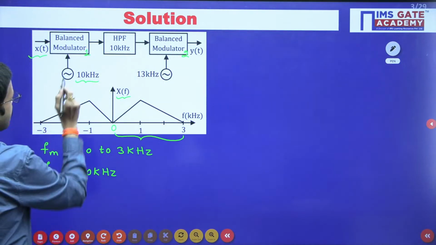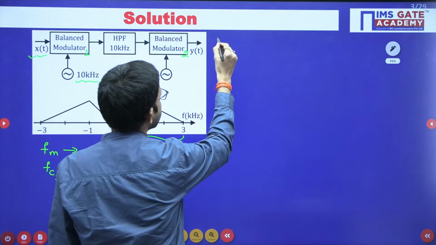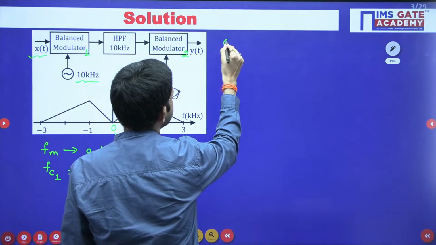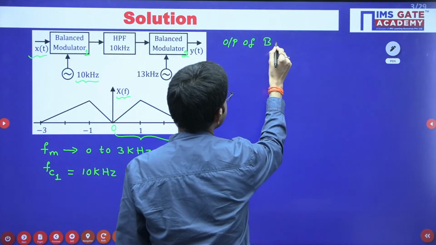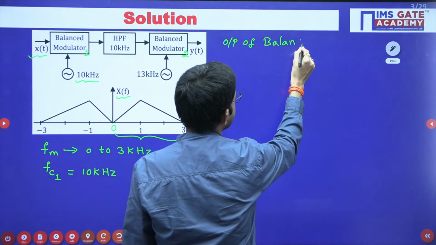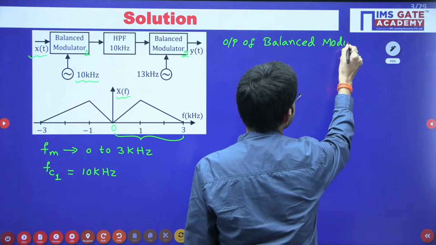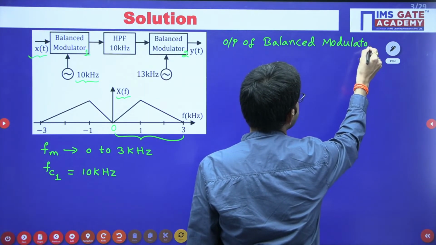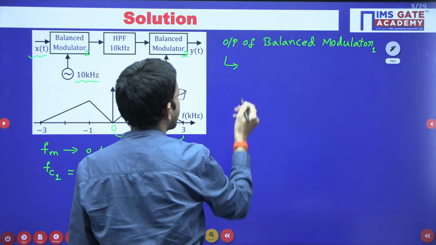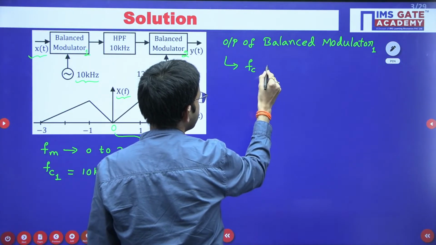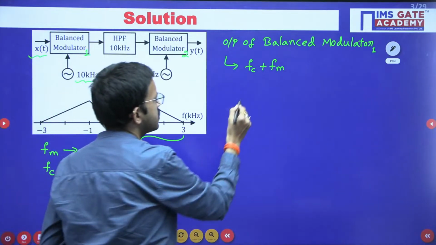So at the output of balanced modulator 1 we get two frequencies. One is FC plus FM. Here I have assumed FC1, so you can consider FC1 plus FM.